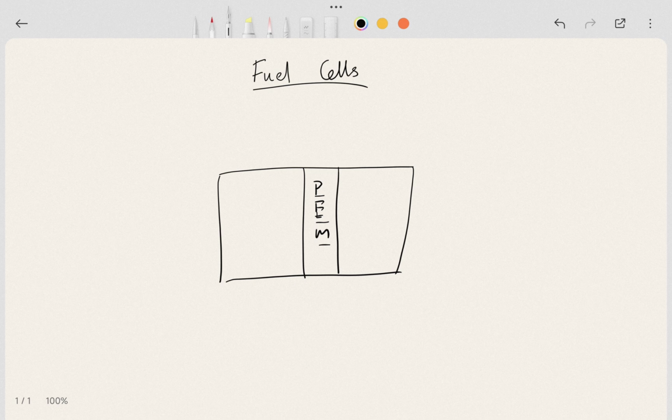So essentially what happens in a fuel cell is, suppose you have hydrogen gas feeding into the left chamber. We call it the anode, and let's say this whole structure is, imagine you have a box, right? A metal box, let's say.